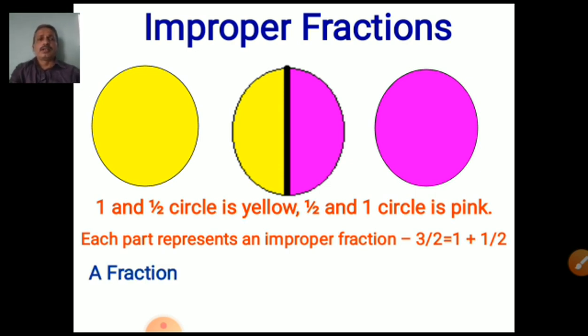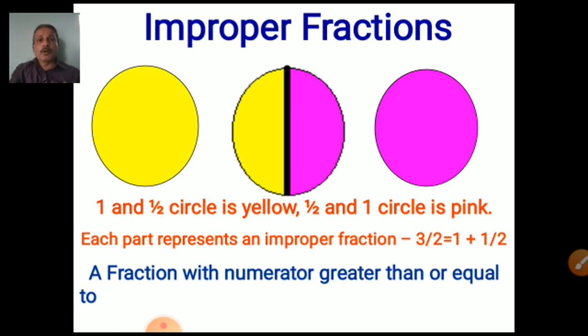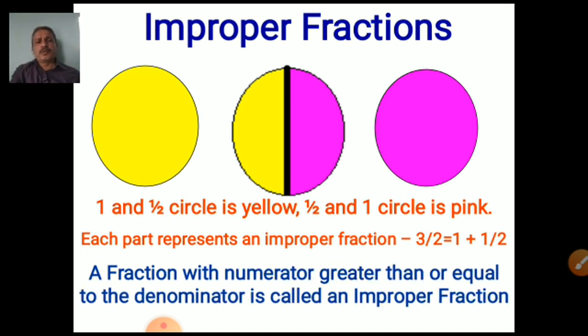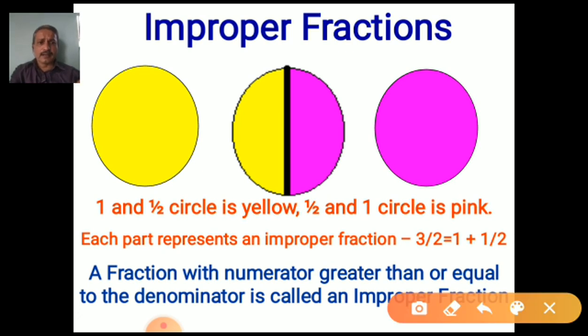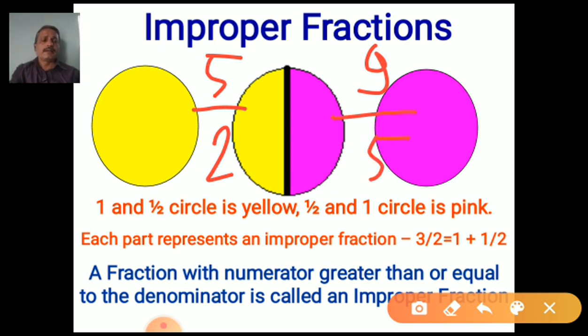So here 3 upon 2 is an improper fraction. A fraction whose numerator is greater than the denominator is called an improper fraction. Can you write another example? Yes, 5 upon 2, 9 upon 5. These are all examples of improper fractions.